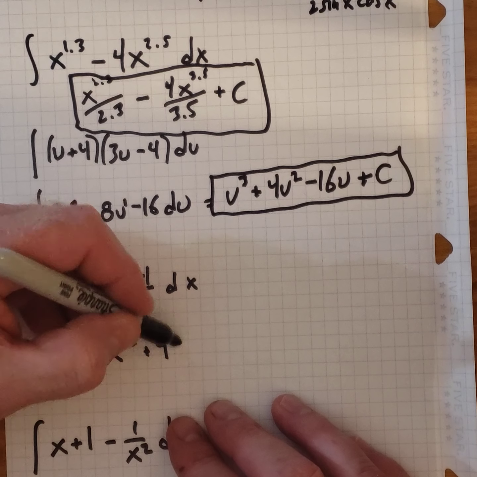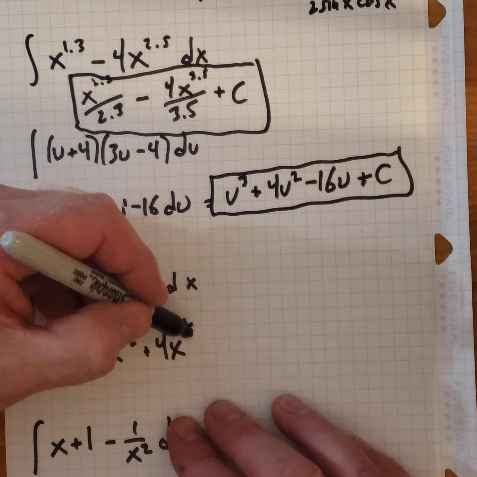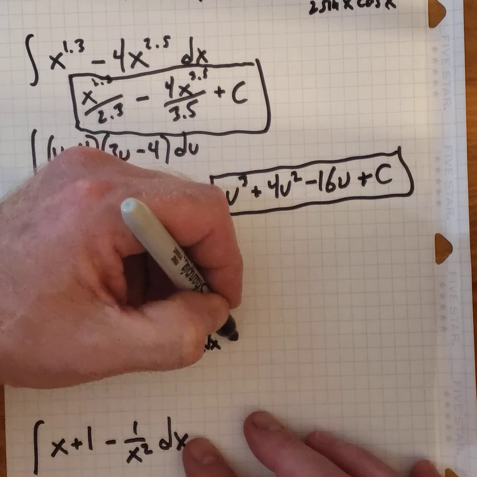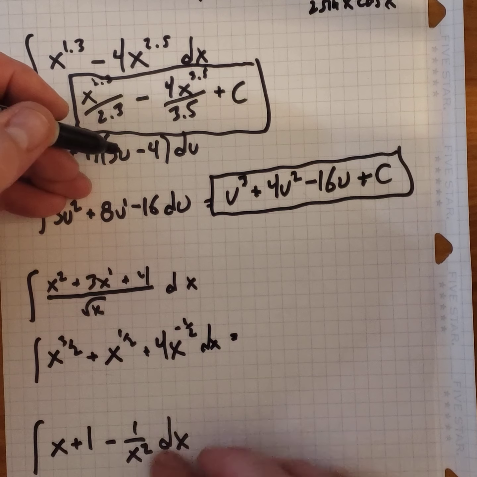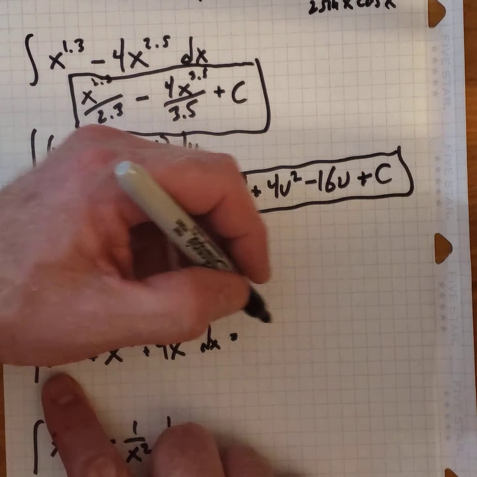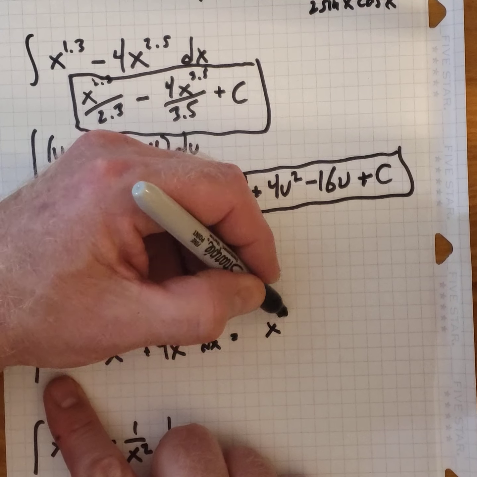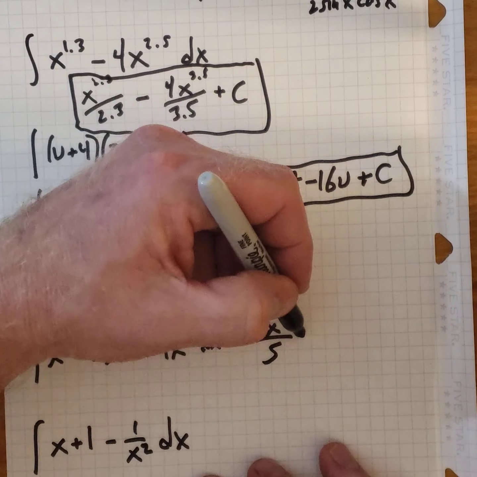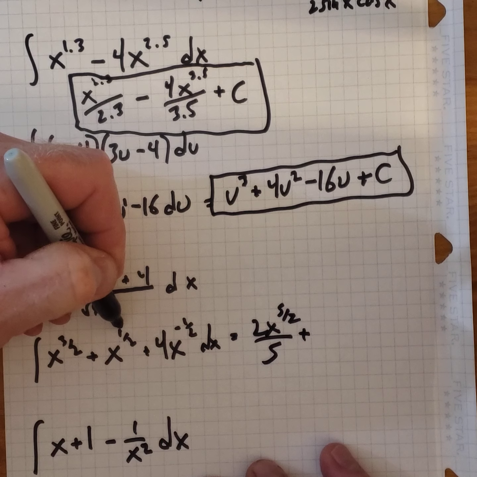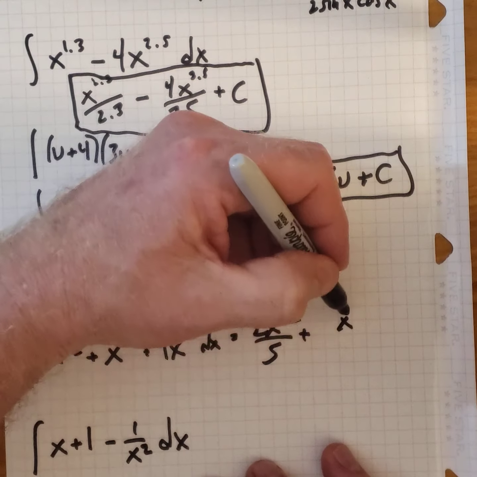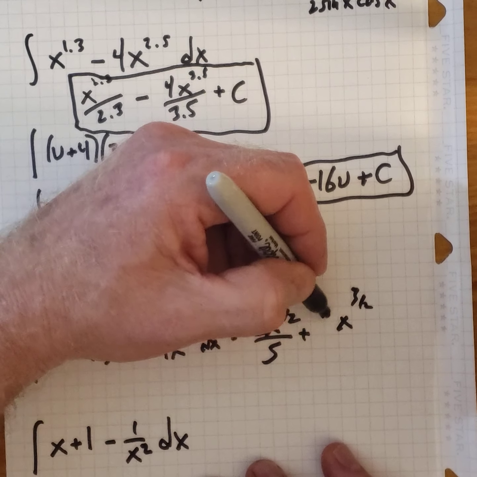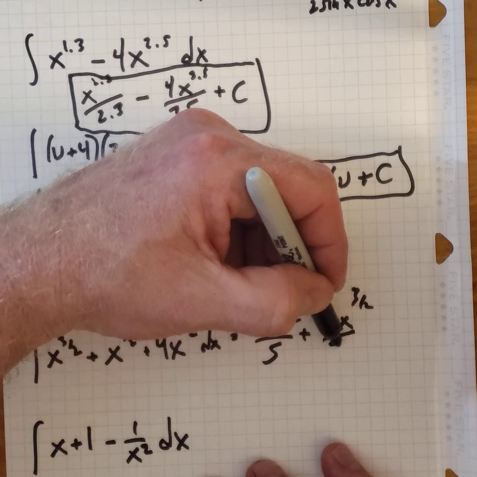And here we're going to get 4x to the negative 1/2 power. All right, 3/2 plus 1 is 5/2. And then divide by 5/2 or multiply by 2/5. 1/2 plus 1 is 3/2, so we have x to the 3/2, divided by 3/2 or times 2/3.